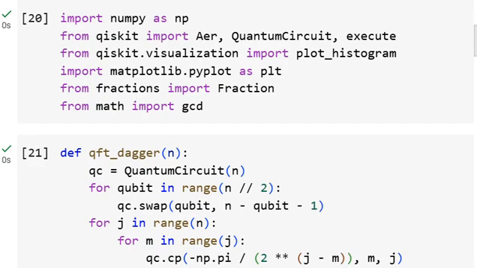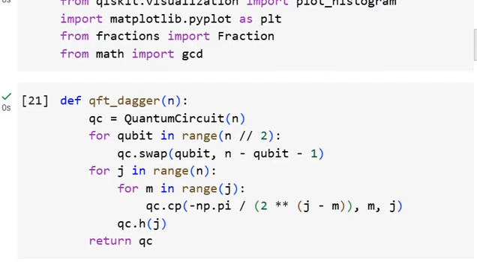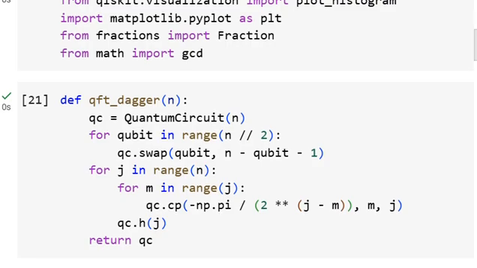Qiskit is like a toolbox for building quantum computers on your home PC. Next, I told the quantum computer to do some special math called modular exponentiation.